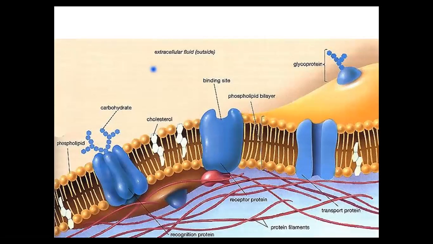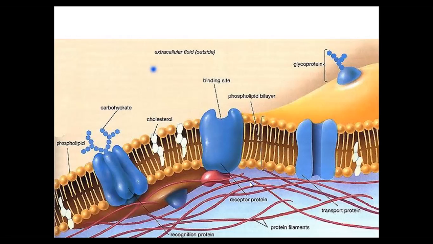Because the heads are hydrophilic and they like water, they all line up next to each other, and we've got this top layer of the bilayer, and they're all touching water. The inside of our cell, as we know, 90% of our body is composed of water, so the inside of our cell has a lot of water in it too.